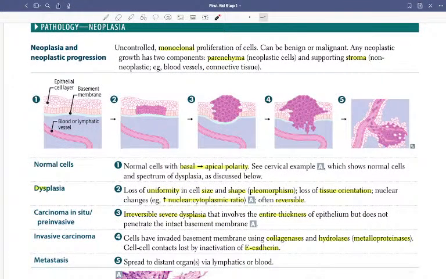Very simple, and we'll go very quick. Uncontrolled, obviously, non-neoplastic proliferation, all this is fine.